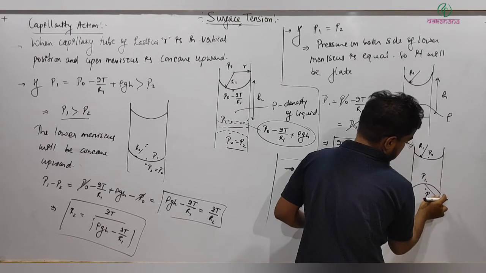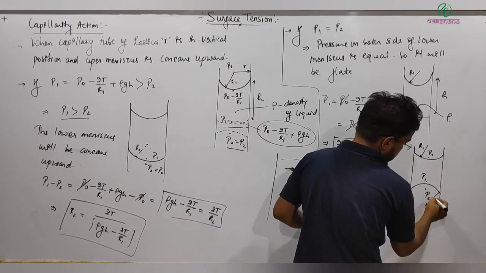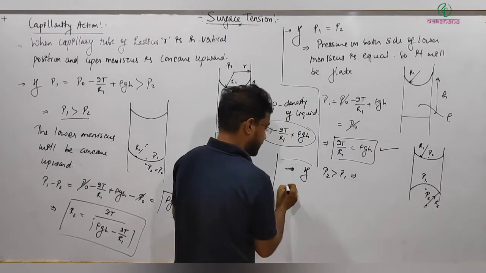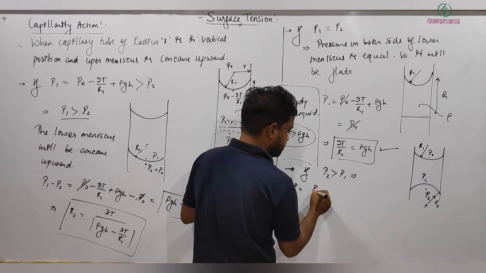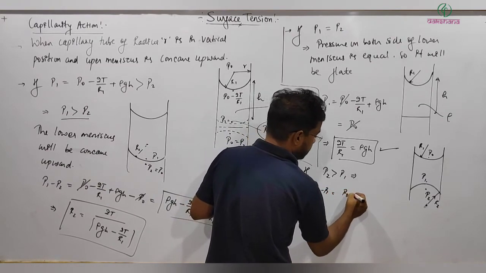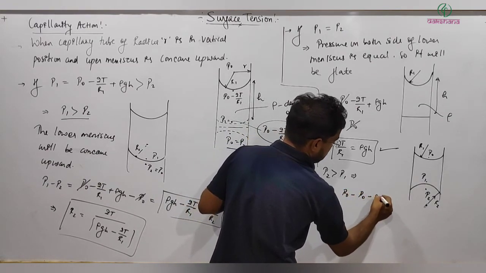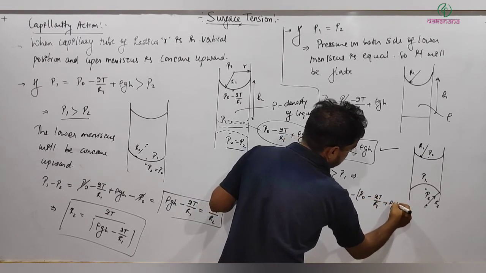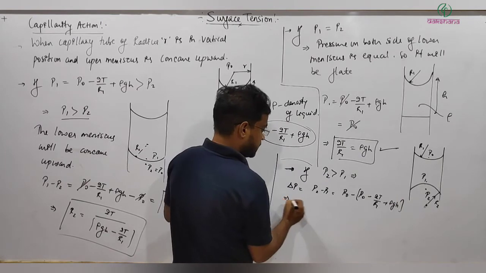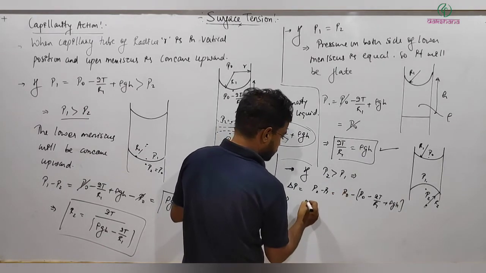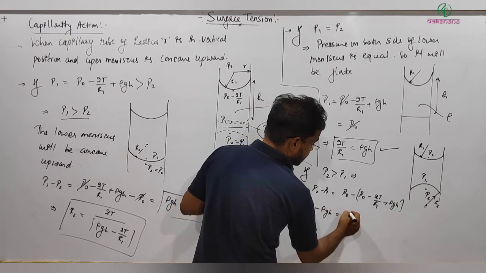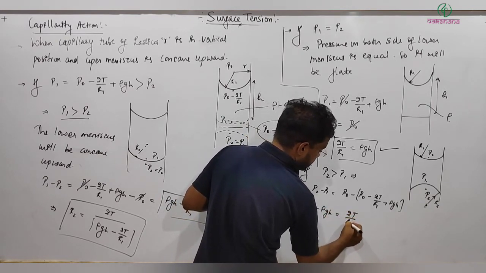In this situation, the radius of curvature is R2. Here the excess pressure will be P2 minus P1, that is P0 minus P0 minus 2T by R1 plus rho g h, which comes out to be 2T divided by R1 minus rho g h, and that is equal to 2T divided by R2.